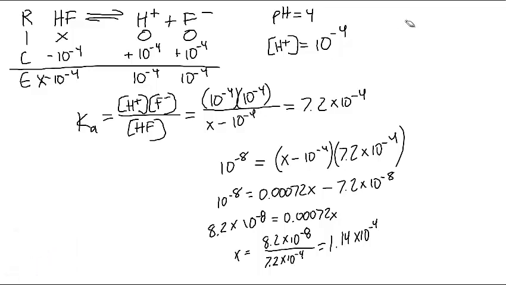Not all. It's 10 to the negative fourth over 1.14 times 10 to the negative fourth. So it's like 90%. 86%. All right.